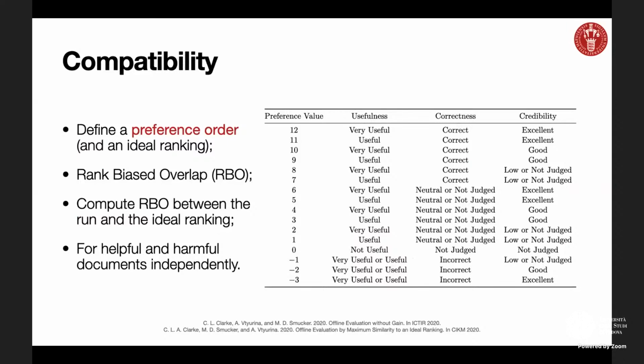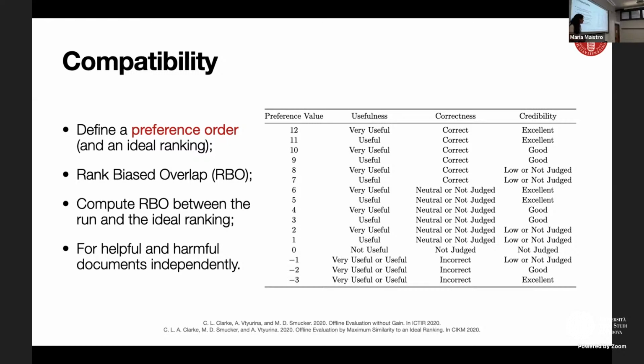Another problem we might have in this family of measures is compatibility. This is a measure that assumes that you define a preference order among the labels that you have, and then compute rank bias overlap between the ideal ranking that you can get from this preference order and the actual ranking that you have.